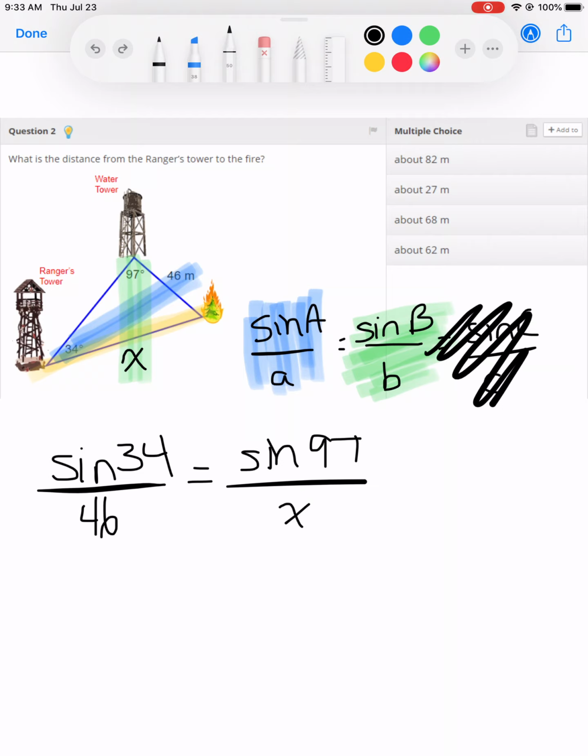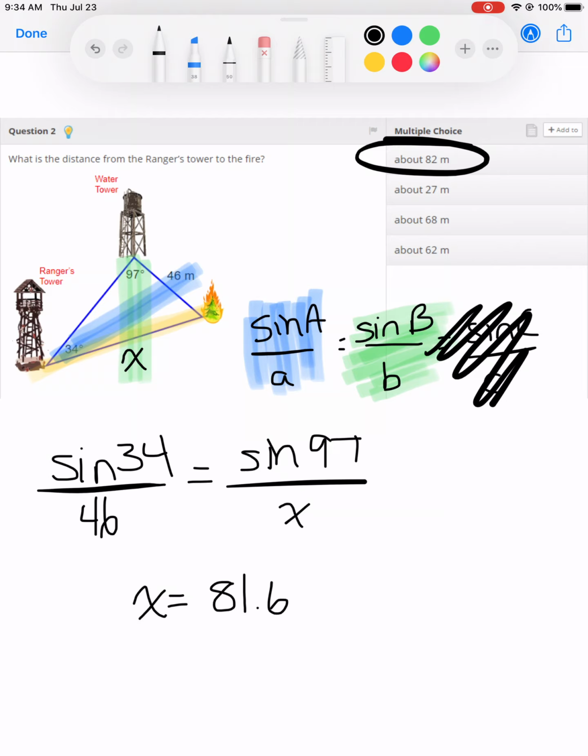Now we can just solve for x. Algebra plays a part here. Hopefully you're good at rearranging things. I think you guys have been pretty good. So I'm going to do 46 times sine 97 divided by sine 34, which is 81.6, meaning about 82 meters is my answer.